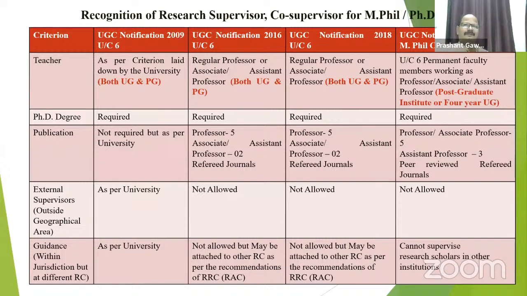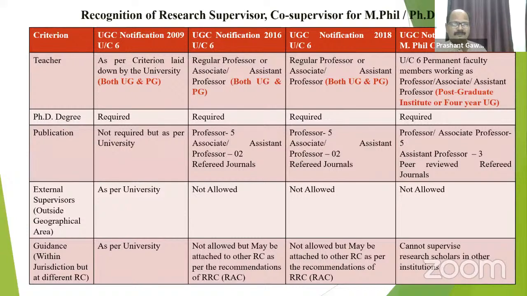That means the permanent faculty member is a word that always relates to the teacher who is appointed and has an experience of 1 year. After the completion of 1 year of his probation period, he will be a PhD supervisor, or he may apply for the supervisorship. This is what the clause says.